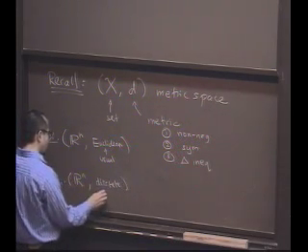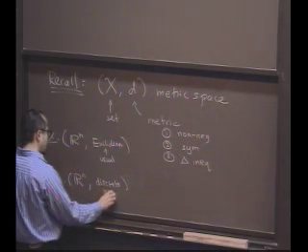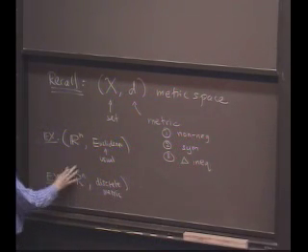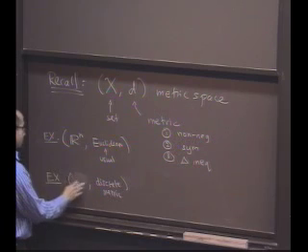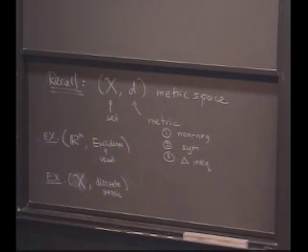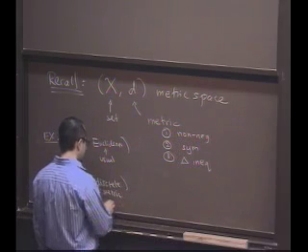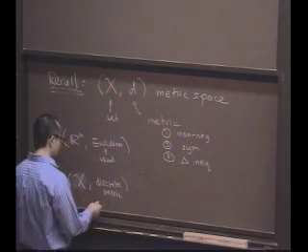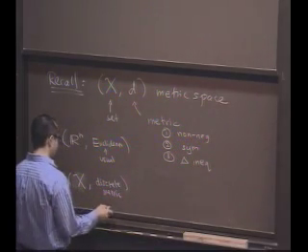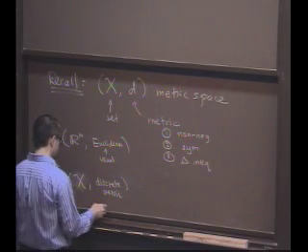Let's endow Rn with the discrete metric. Actually, this can be done with any space X. It doesn't even have to be Rn. It could be any set X. And the discrete metric is a very curious metric. Let me give it a name that looks different from other things.